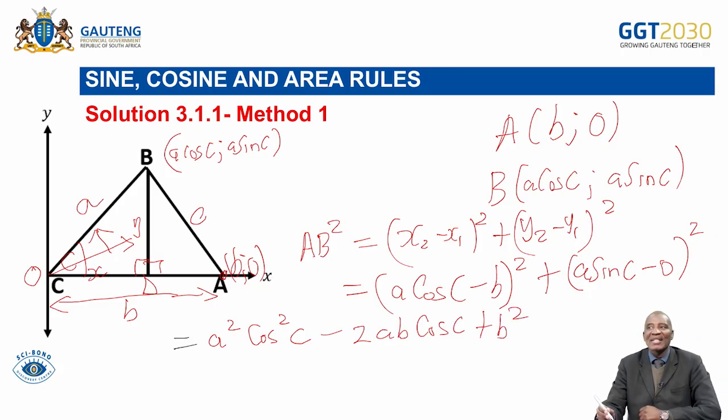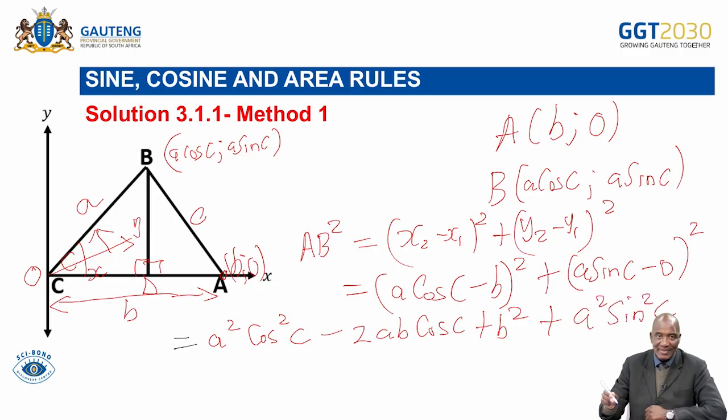That's what you get when you expand the first part there. Then for the last part, a sine c minus 0, which is just a sine c squared, which is a squared sine squared c. That's what we have there when we expand.